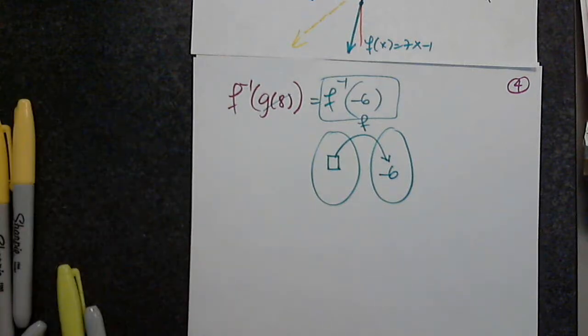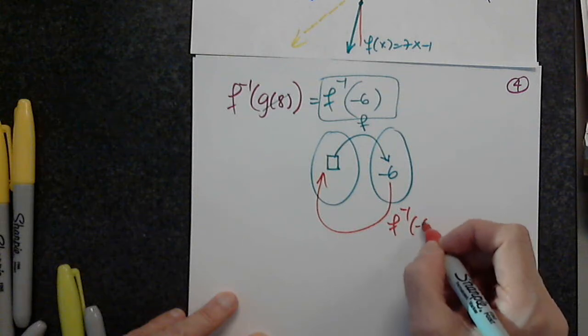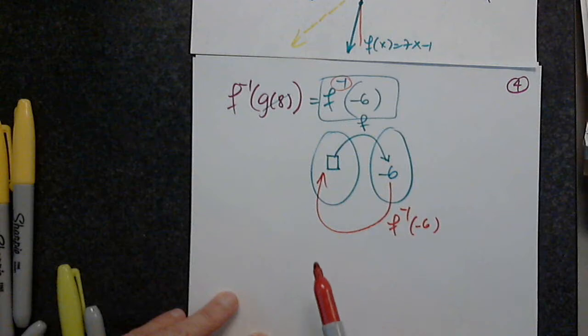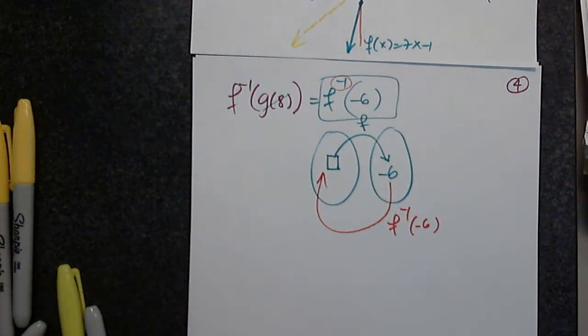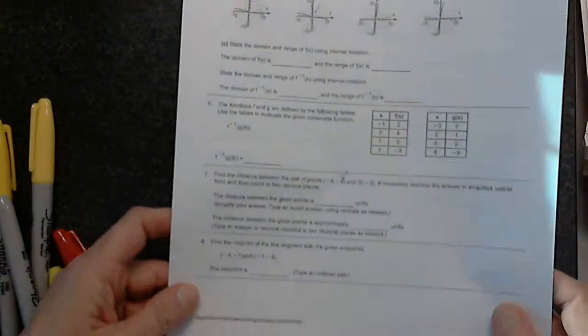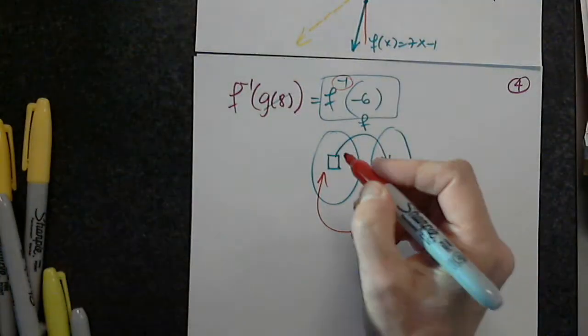Because I want to apply F inverse to -6 and to get this number back. I don't have any information for F inverse, but I have a table that says that there must be a number that I apply F to get -6. That's all I have. I have the table for F. Is there a number that I apply F to get -6? 7. So then in this little box, I must have 7.